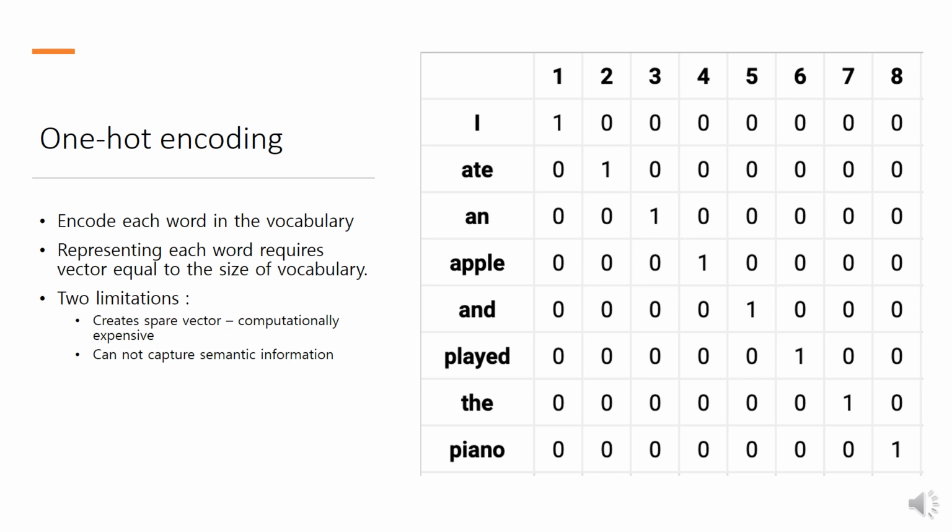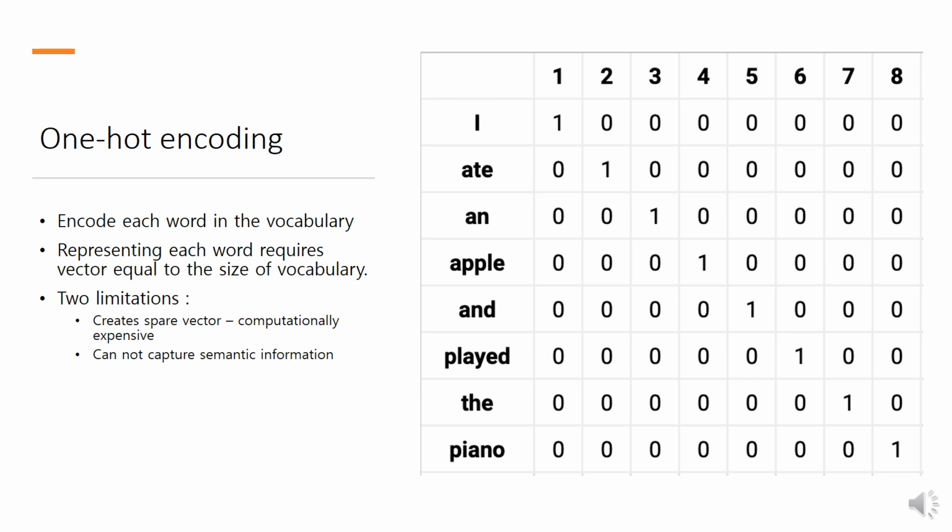Basically, there are limitations of this approach. The limitation is that it creates a sparse vector, i.e., it has only one non-zero element and all other elements are zero. As the size of vocabulary becomes larger, the representation for even a small sentence requires space up to the size of vocabulary.